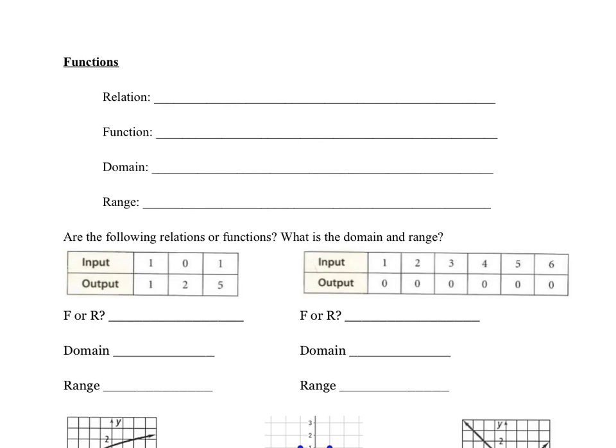We use these a lot in algebra, and we'll be studying these in great detail when we get to chapter 2. A relation is our first definition, and that is simply a set of inputs and outputs.